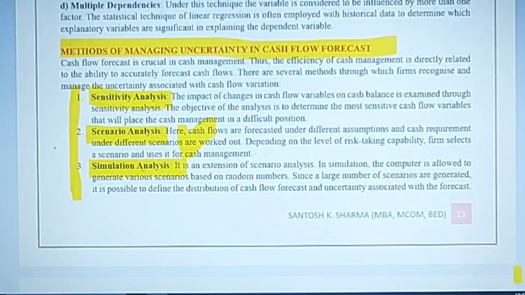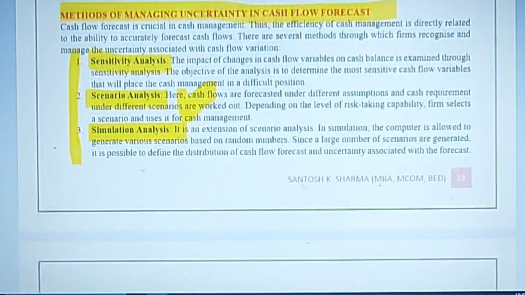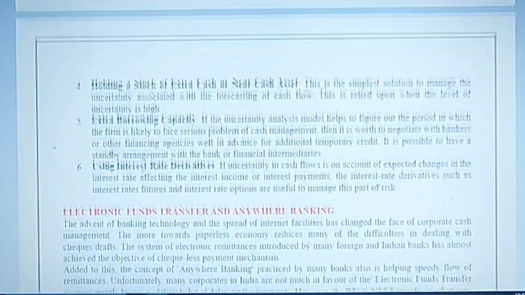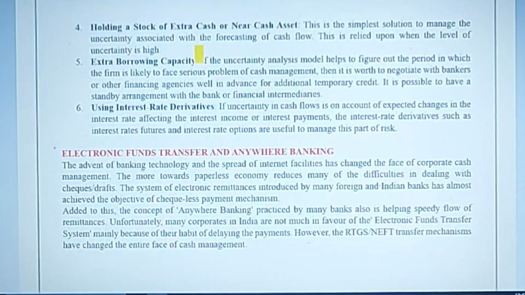Simulation analysis is there. So, this is also regularly used by the companies. Some more methods are there, like holding a stock which is called near cash asset, extra borrowing capacity, and using interest rate derivatives. So these methods the company generally uses.